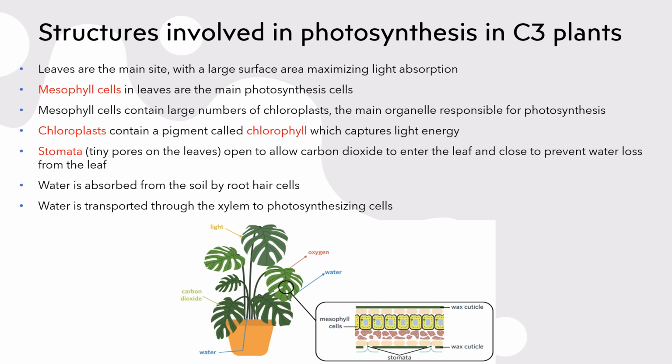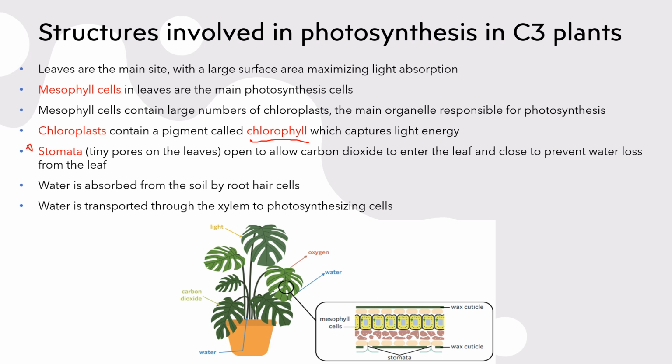And these chloroplasts contain a pigment called chlorophyll, which is why plants are green. And this is what's going to capture the light energy. So our leaves are made up of a bunch of mesophyll cells. Inside those cells are a bunch of chloroplast organelles, and inside those chloroplast organelles is a pigment called chlorophyll, which is going to facilitate our photosynthesis process.